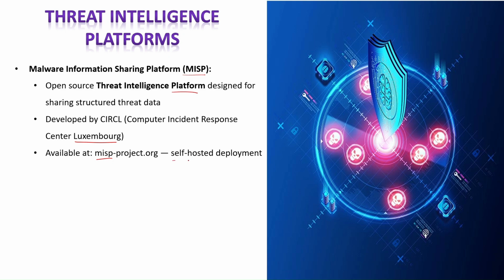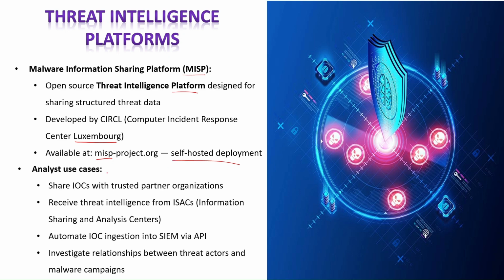It is a self-hosted deployment. Analyst use cases include sharing indicators of compromise with trusted partner organizations, receiving threat intelligence from ISACs, that is Information Sharing and Analysis Centers, automating ingestion of indicators of compromise into SIEM via API, and investigating relationships between threat actors and malware campaigns.